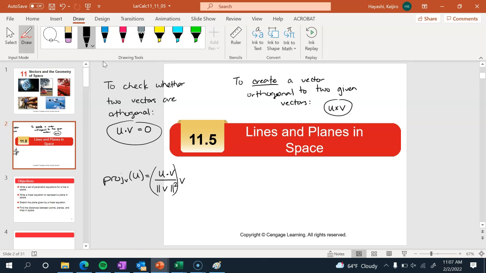You multiply that times the vector V to get something in the same direction as V, but might be shorter or longer.